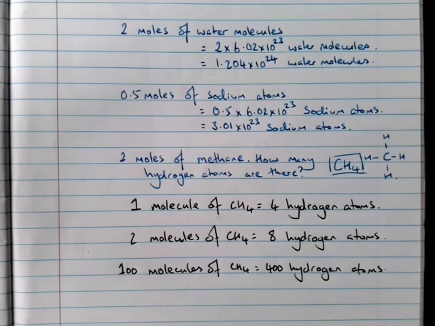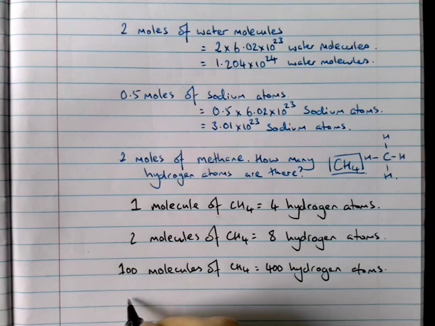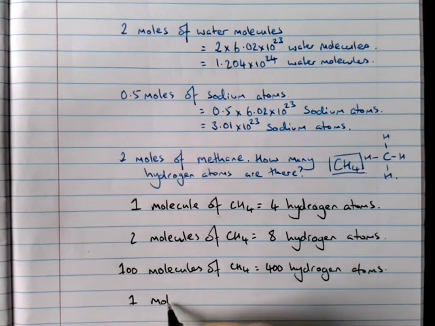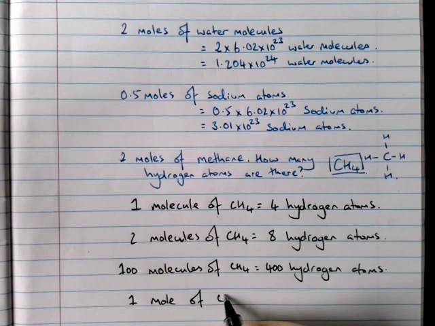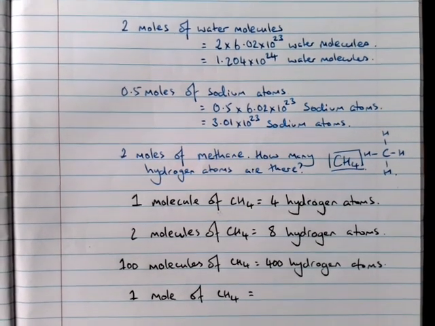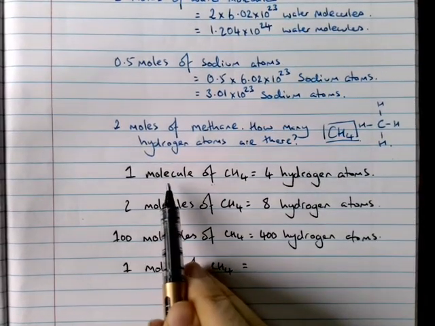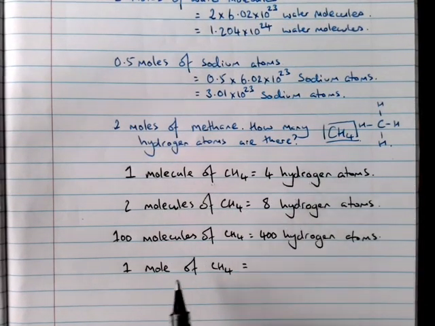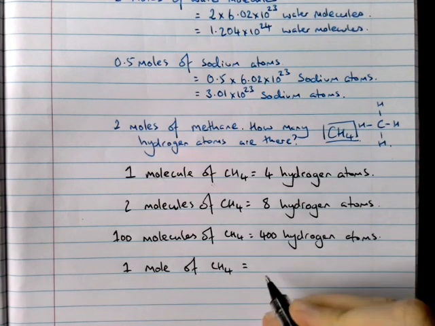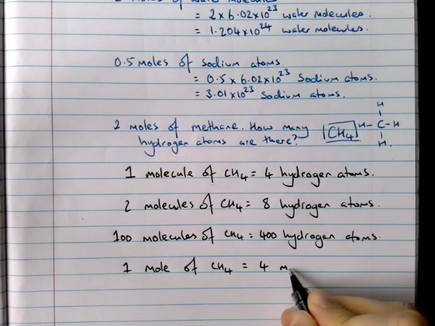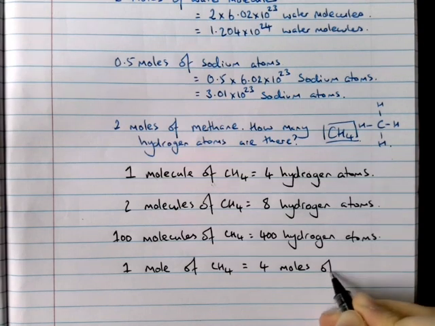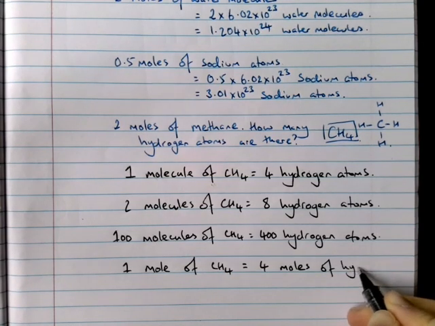So now, the question is, what if I now go to 1 mole of CH4? How many hydrogen atoms will I have now? Well, if 1 molecule of CH4 has got 4 hydrogen atoms, 1 mole of CH4 is going to have 4 moles of hydrogen atoms.